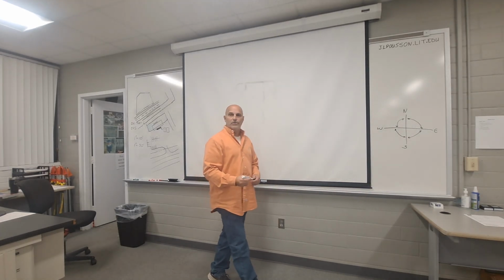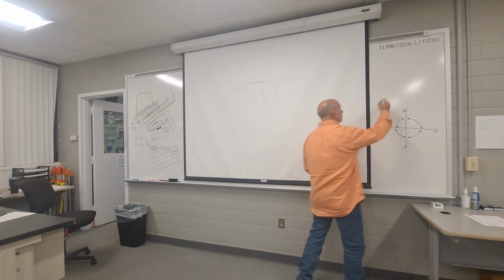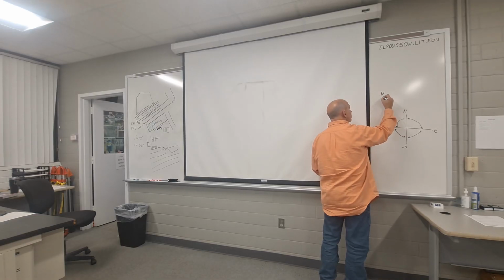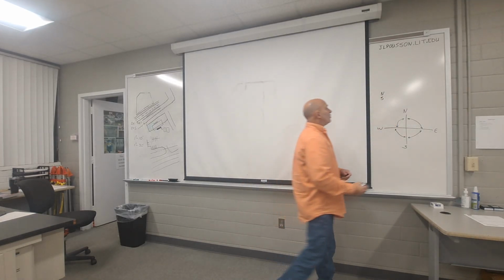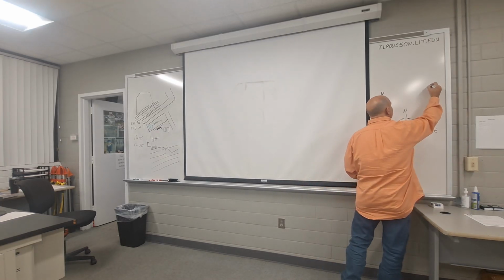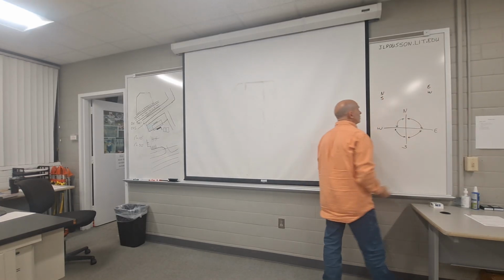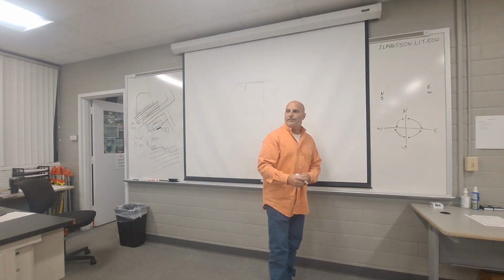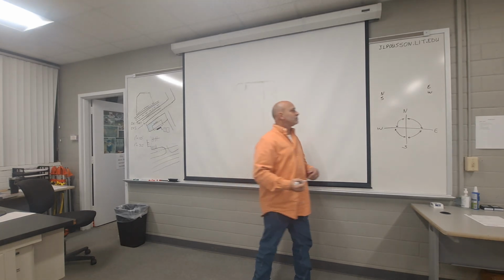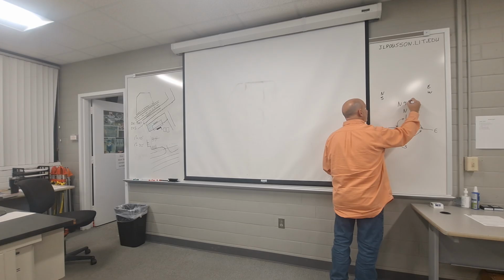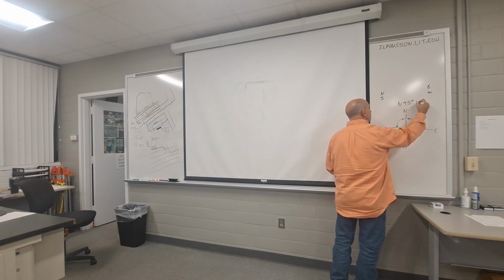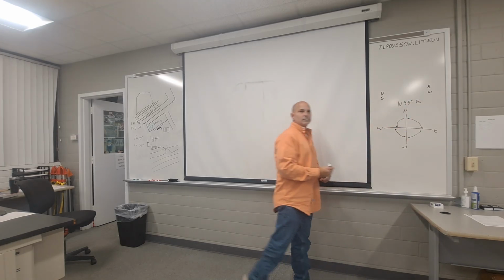All of your angles for your properties are gonna start with either a north or a south. They will all end with either an east or a west. So to give a fairly easy angle, if I were to put the angle north 45 degrees east.